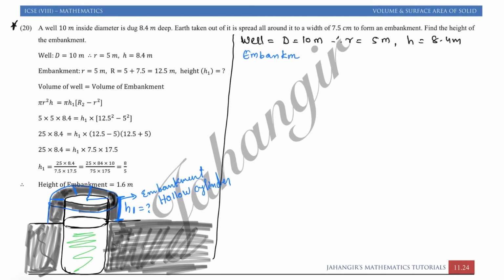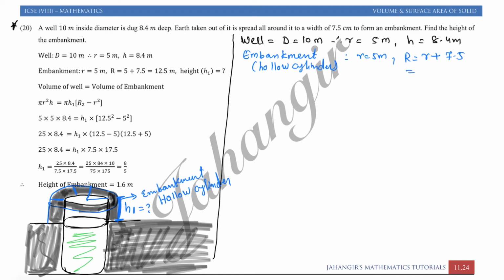The embankment, which is a hollow cylinder, has an inside radius of 5 meter. For the outside radius, we can just add the thickness: small radius plus thickness, plus 7.5.